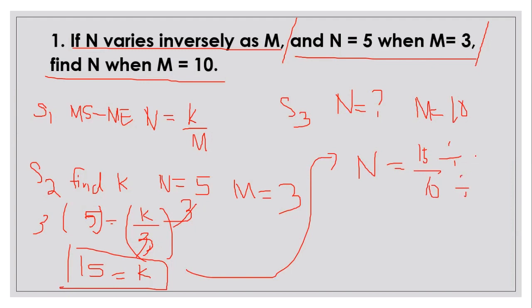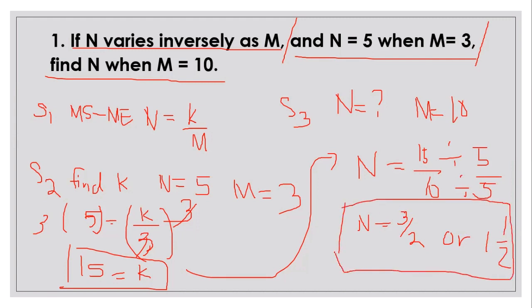We divide it by 5. So 15 divided by 5, we have 3. 10 divided by 5, we have 2. Or simply our answer is 1 and 1/2. So this is the unknown quantity or the unknown variable n. We have 3 over 2 or 1 and 1/2.